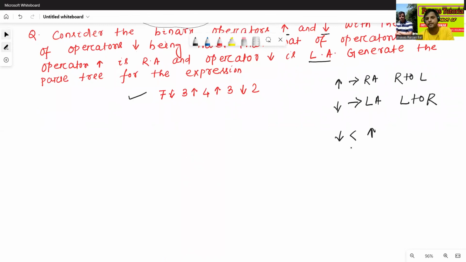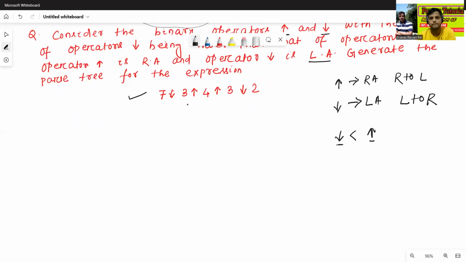Since the precedence of upper arrow mark is higher and the precedence of lower arrow mark is low, the lower arrow mark will be evaluated on the top level.